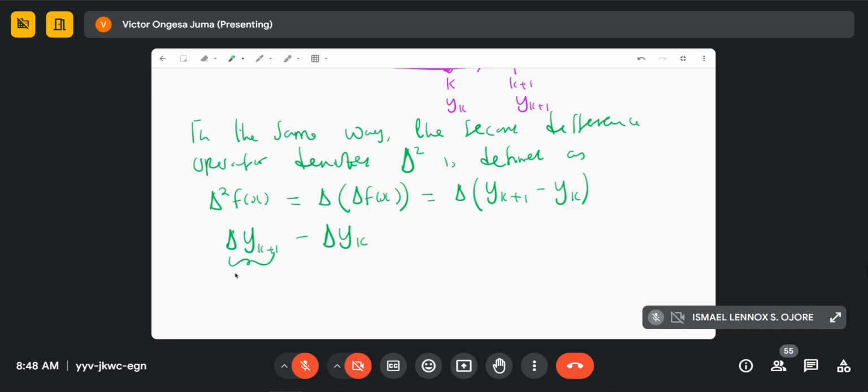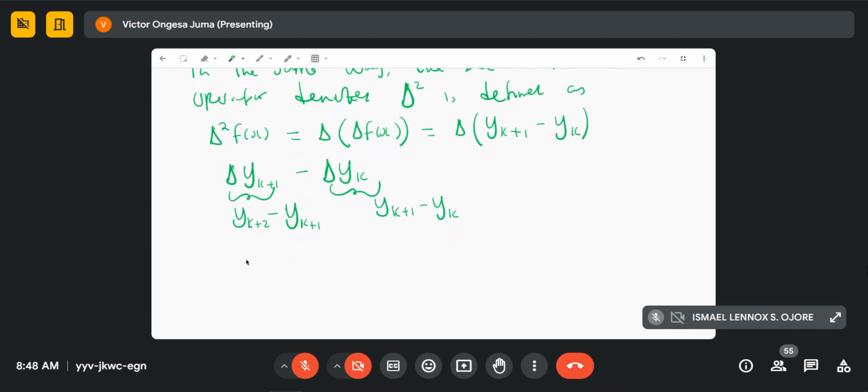So you will have yk plus 2. You move one step ahead and then subtract the value of your current position. And then this will give you yk plus 1 and then minus yk.